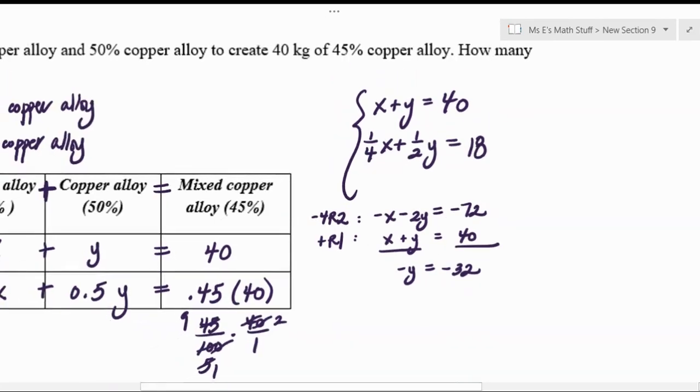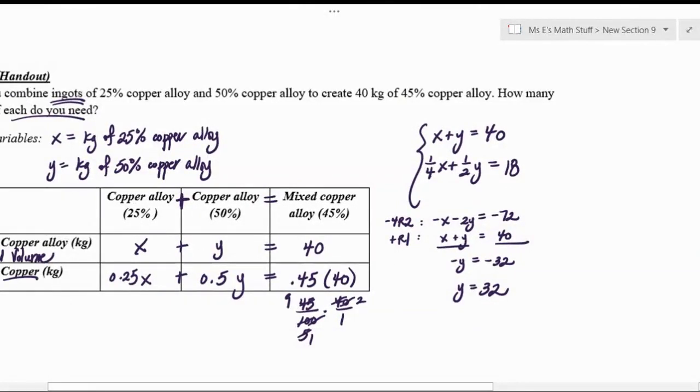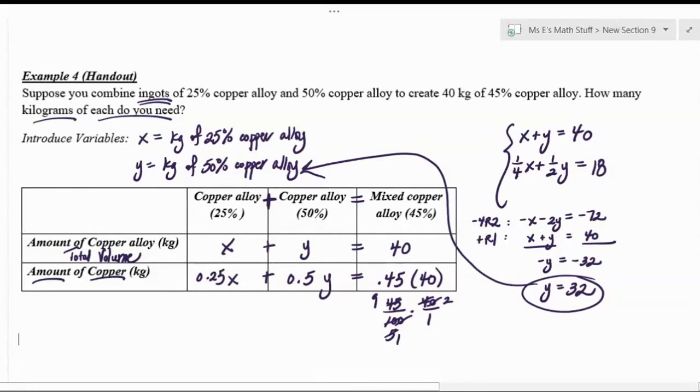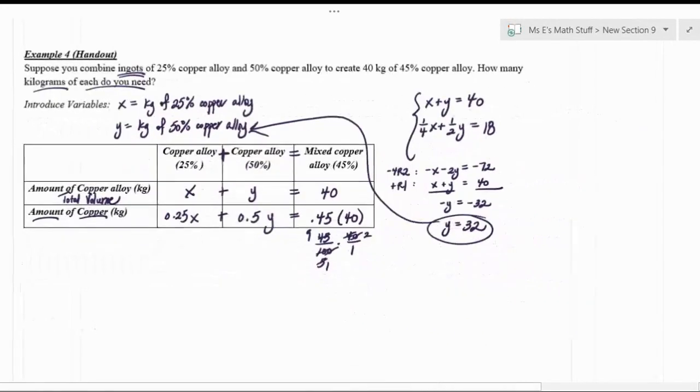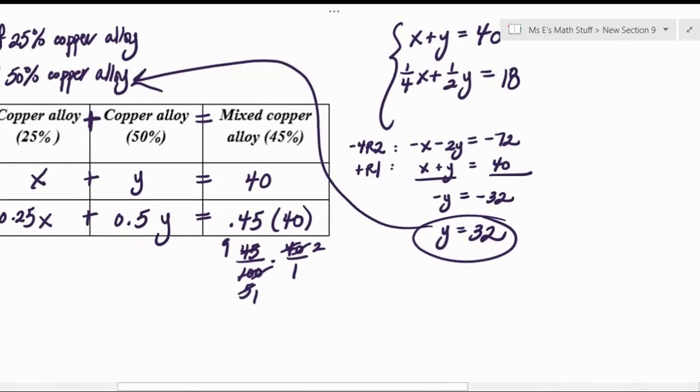Divide both sides by -1, and you get y equals 32. It's easy to get lost here, but that's why it's nice that we defined our variables: you could take that 32 and replace the y in your introduction, and it would say 32 is the number of kilograms of 50% copper alloy.